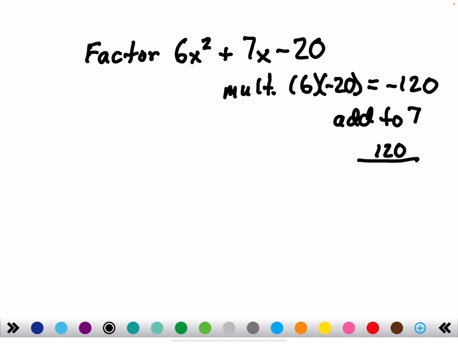These are a little more challenging, often because that multiplication product is large numbers. So let's think about pairs of numbers that multiply to 120.